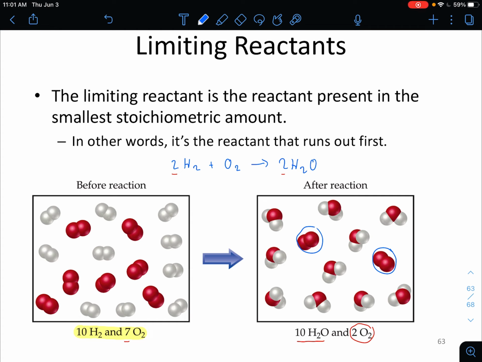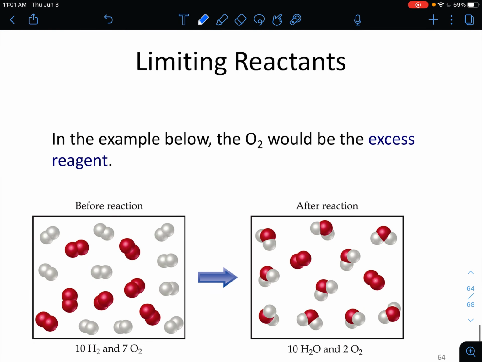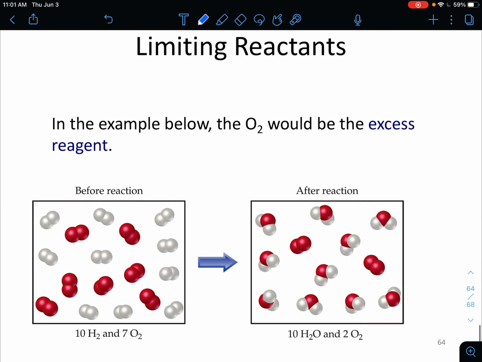So we'd say hydrogen is the limiting reactant and oxygen is the excess reactant, and when I run out of the limiting reactant, I have 10 waters that I've formed. So hydrogen would be the limiting reactant and oxygen would be the excess reactant, or reagent. We can use those terms interchangeably.